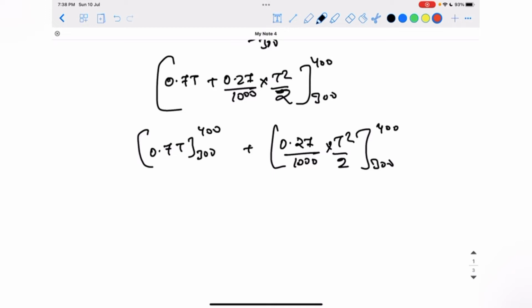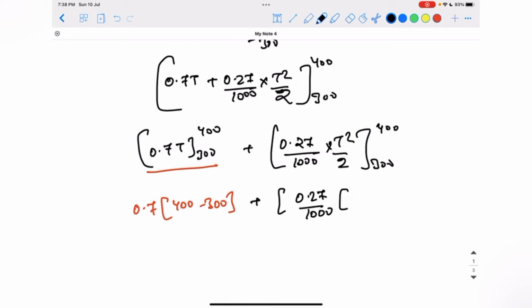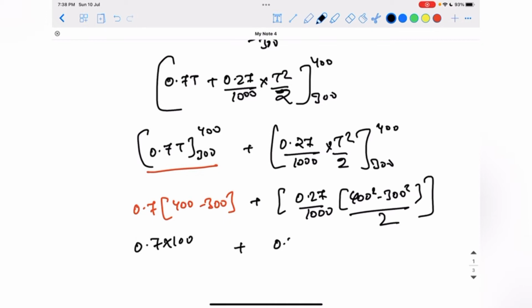So if I solve this now, I can write this as 0.7 into 400 minus 300. Similarly, I can write this as 0.27 divided by 1000 into 400 squared minus 300 squared, divided by 2. So this is simple: 0.7 into 100 plus 0.27 by 1000.